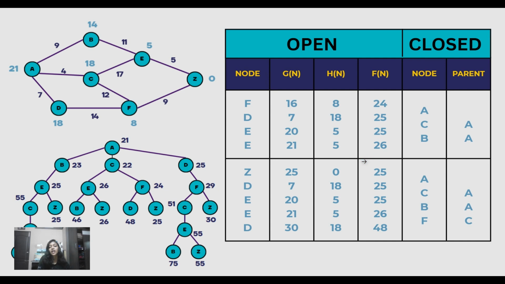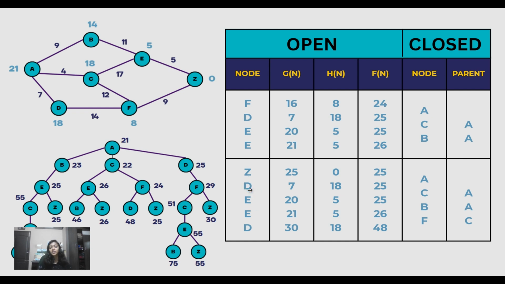So you might get confused here about which node to expand first after arranging them in ascending order. The thing is, you can choose any node, but I have chosen Z here because we have to find the shortest path between the starting node and the goal node. As we have already gotten the goal node here, I will start exploring the goal node first instead of other nodes.